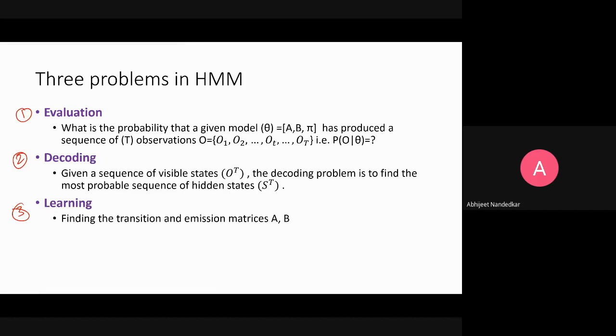Then there is a sequence of observations. Say O is a set of observations up to, suppose, OT. These are observations that we have observed. Now I want to answer the question: what is the chance that these observations are produced by a given model?